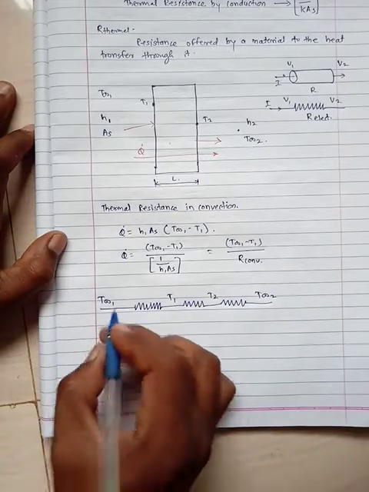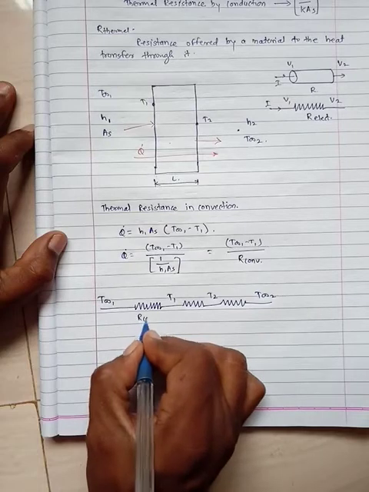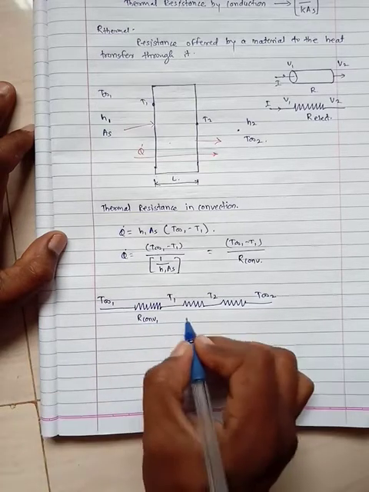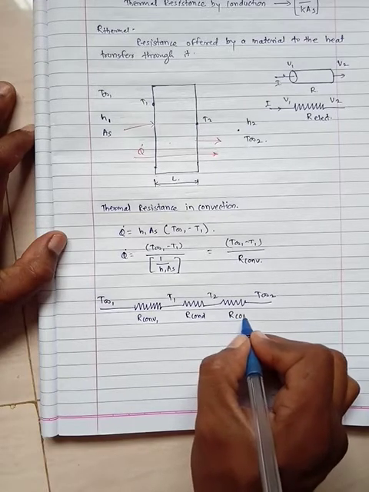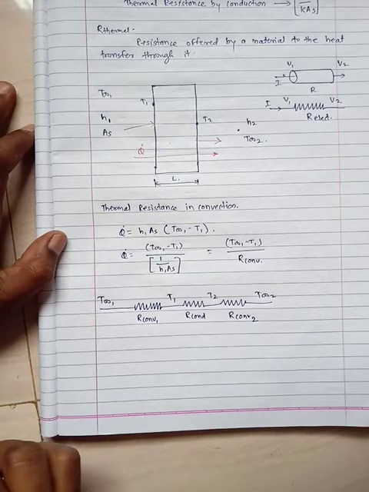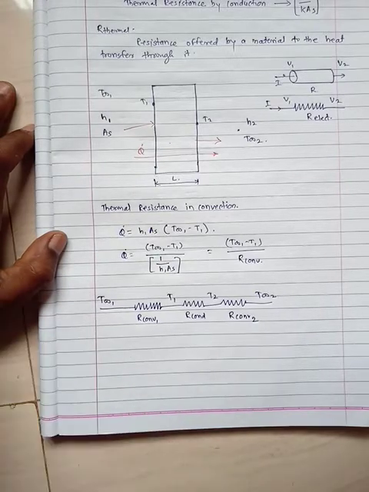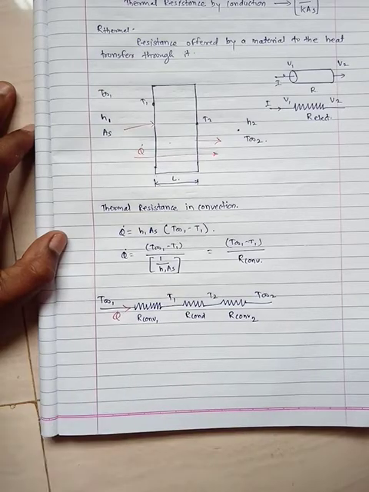Here we have R convection 1, then R conduction, and R convection 2, and through that heat transfer takes place.